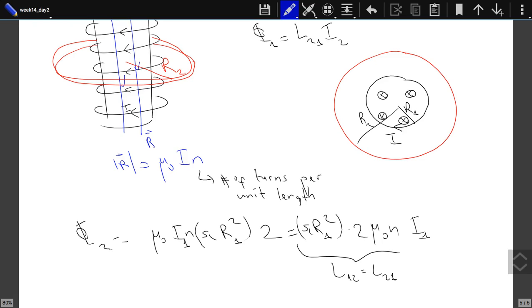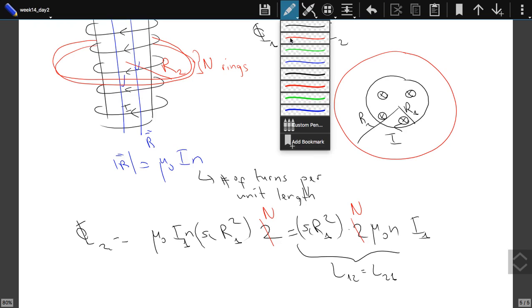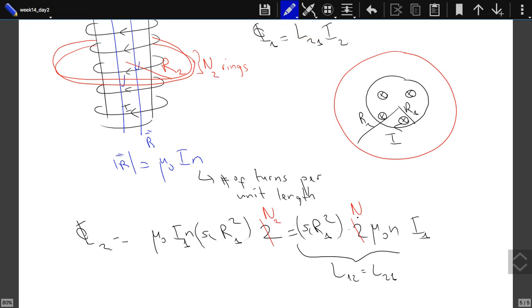The outer ring also has n turns. Well, if it rotated n times, n rings, so here we would have n, and here we would have n. Or let's say n2 rings. n2, n2.